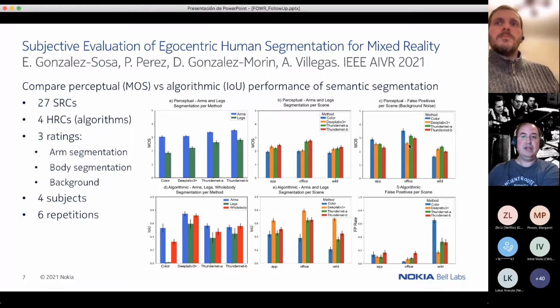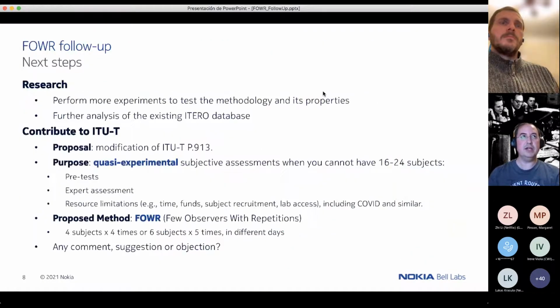It can give you significant results, and those results could help you in the development of your application, which is basically the main goal of this methodology for us, because sometimes you need to keep progressing on your work and need a way to quickly evaluate your intermediate results without going through the expensive process of running a more formal test.